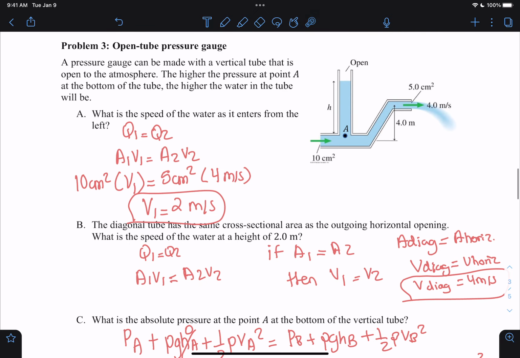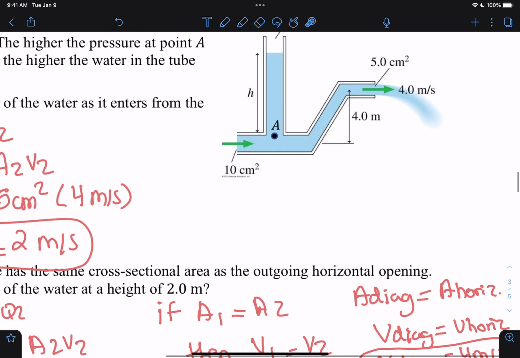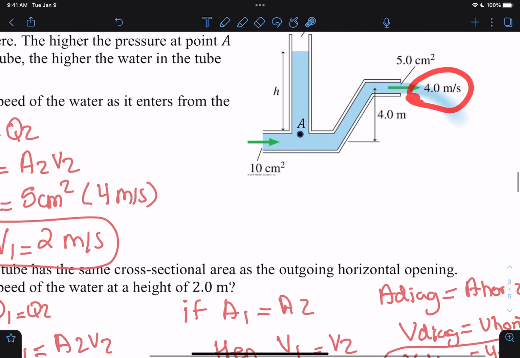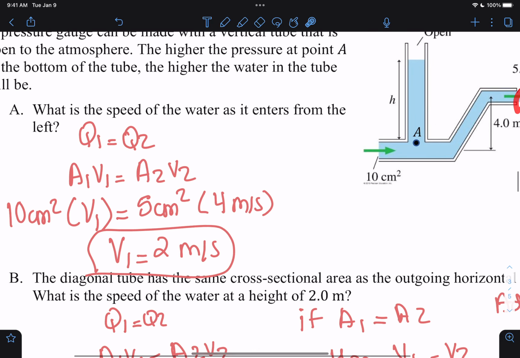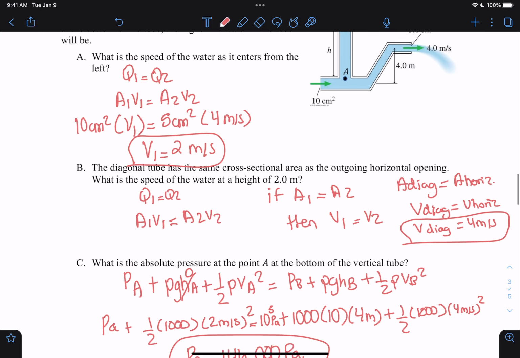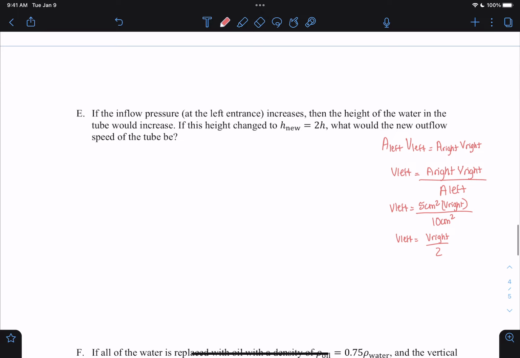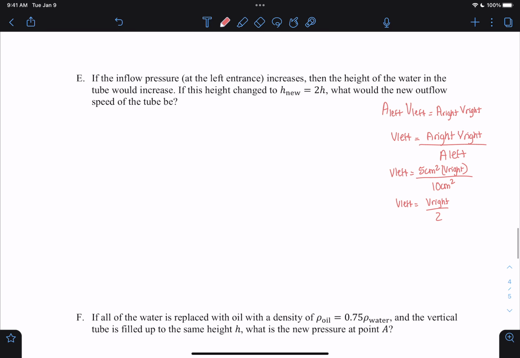And you can see that here at the beginning, where the speed of the right was 4 meters per second and the speed of the left was 2 meters per second. So exactly half of it. And that relationship is maintained here. So the left-hand side speed is going to be half the right-hand side speed.